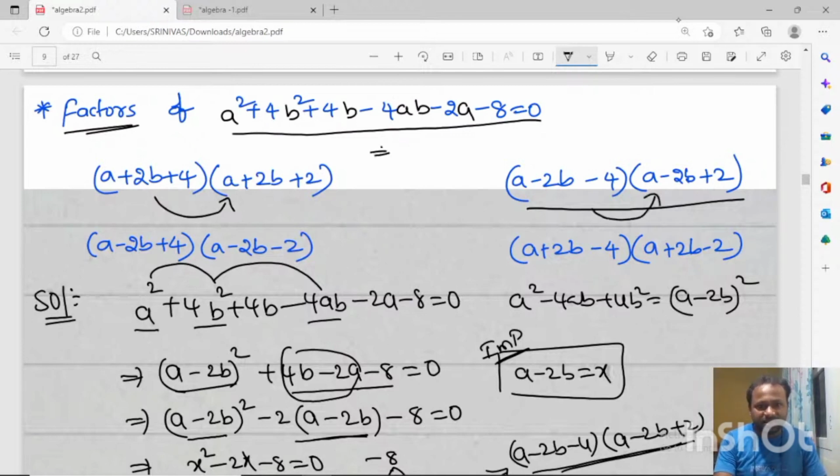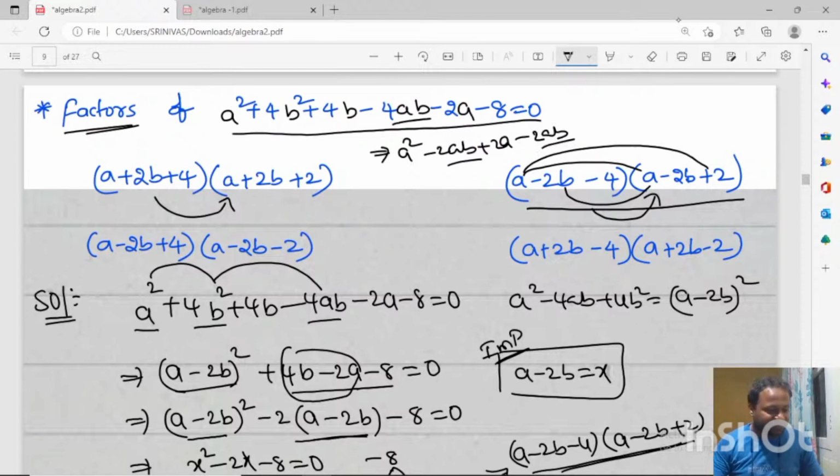I will multiply this a into a square. In this way you have to do a into 2b minus 2ab, a into 2, 2a, minus 2b into a minus 2ab, so minus 4ab. Okay, in this way you need to multiply totally.